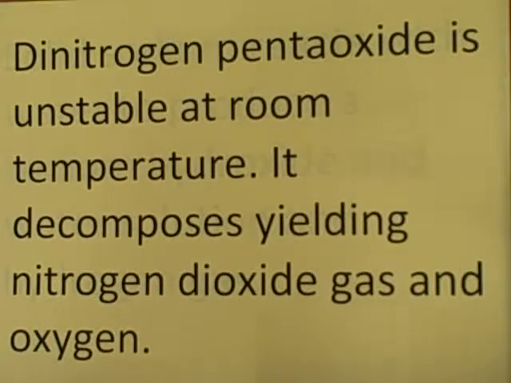The first step in writing an equation of a reaction is to identify what substances are doing the reacting and what substances are created in the reaction. That will tell us our products and our reactants.